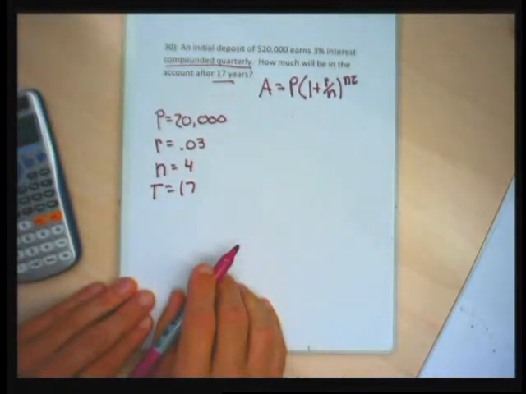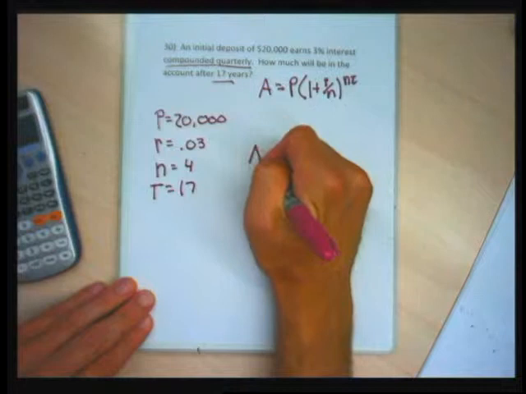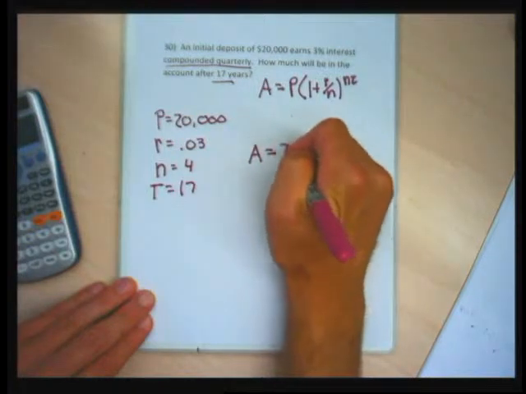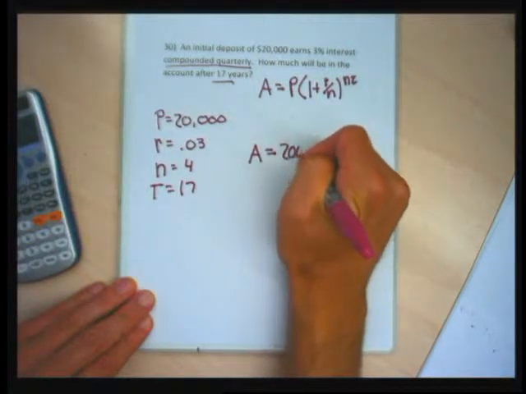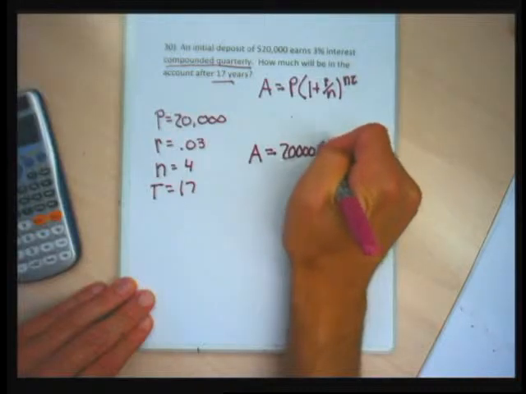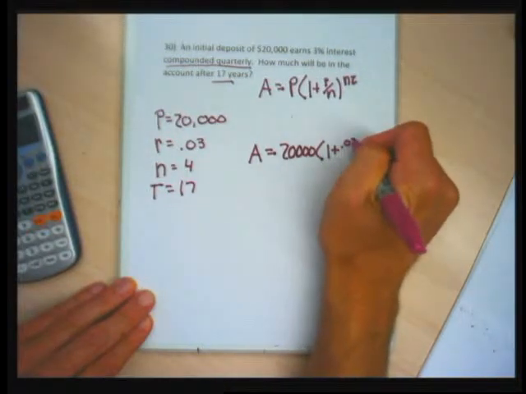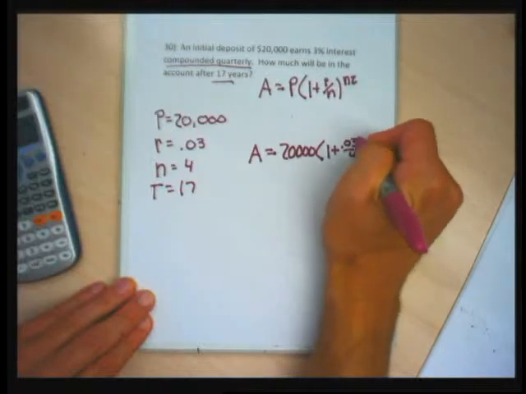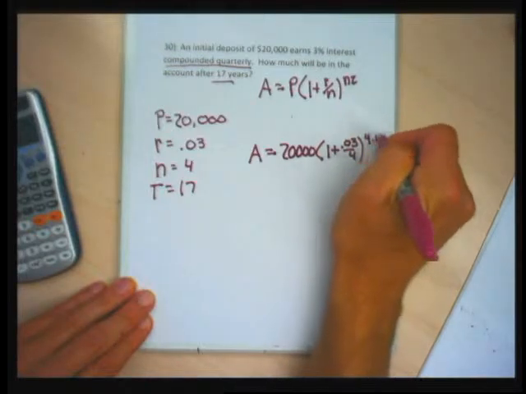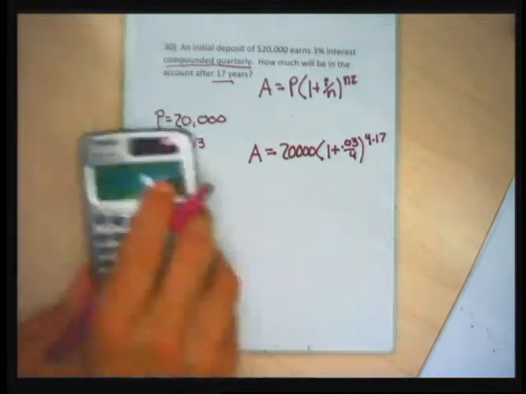We'll plug those numbers into the formula and get the amount of money A that I'm going to have is equal to the $20,000 that I start with times 1 plus 0.03 over 4 to the 4 times 17 power. Then it's just a calculator problem.